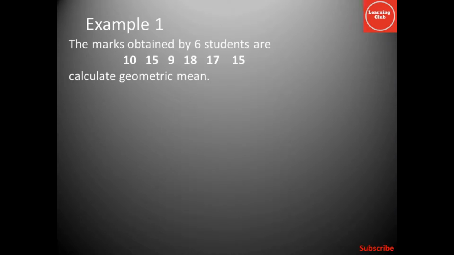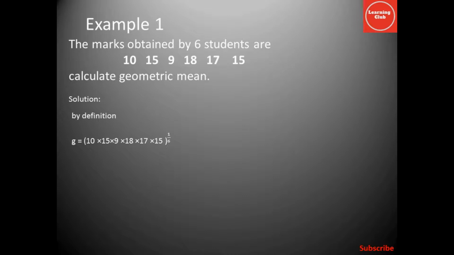So consider example number 1 to calculate geometric mean. In this example, the marks obtained by 6 students are 10, 15, 9, 18, 17, 15. Calculate geometric mean. In order to calculate geometric mean, according to the definition, we have to multiply all these 6 values and take the sixth root as there are 6 values.